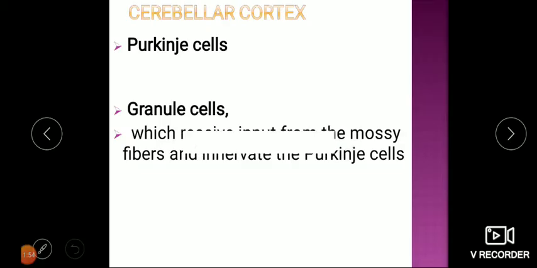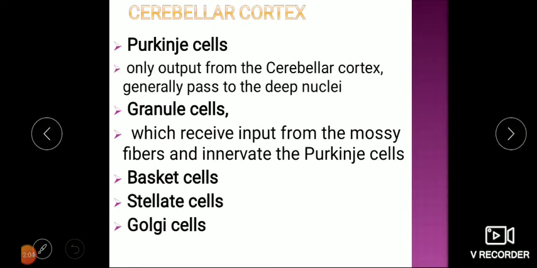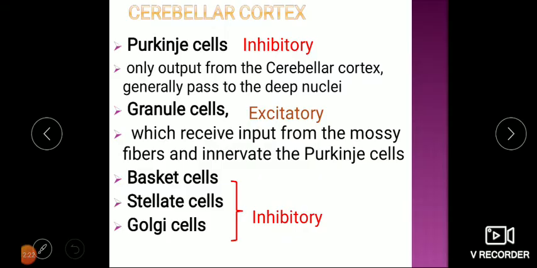This cerebellar cortex has 5 cells: Purkinje cell, granular cell, which receives input from mossy fibers and innervates the Purkinje cell, basket cell, stellate cell and Golgi cell. Out of these, only the Purkinje cell passes the output from the cerebellar cortex to the deep nuclei. All these 3 cells are inhibitory in nature, Purkinje cell again inhibitory in nature, and only the granular cell is excitatory. So like this, they are regulating the functions of the cerebellum.